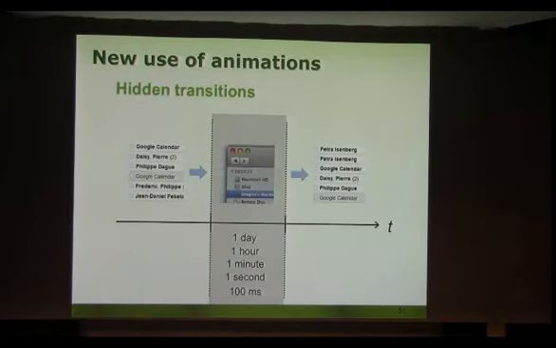Maybe I don't have time to talk about that. It's about hidden transitions. It's the case when you are reloading your document or when you are collaborating with other people. You are not aware of what changed because you have not seen the document before.